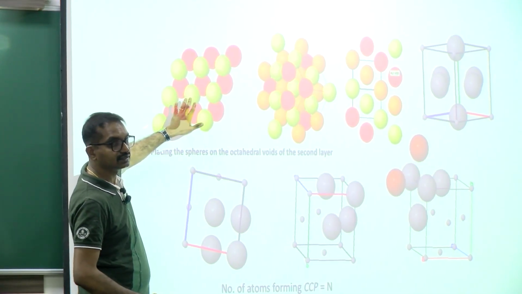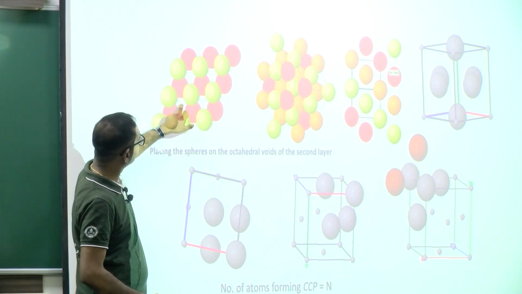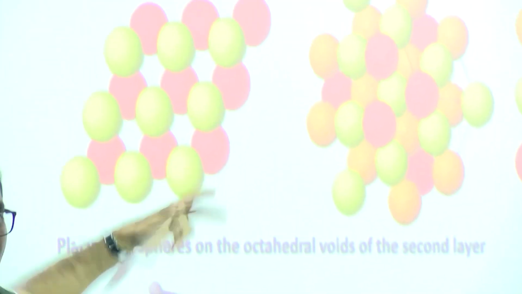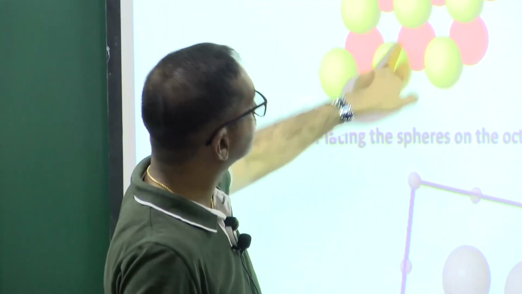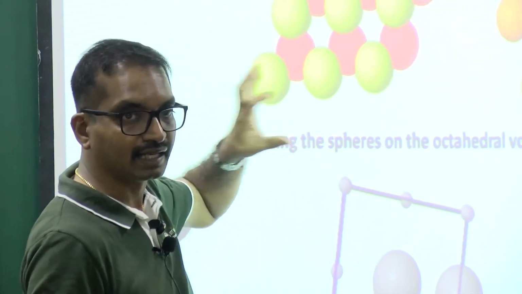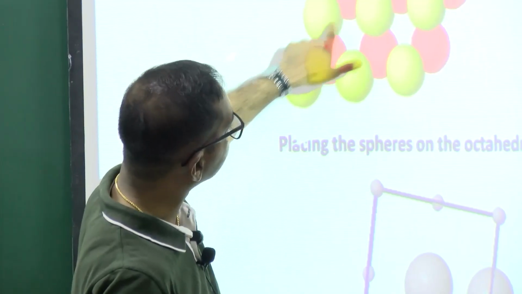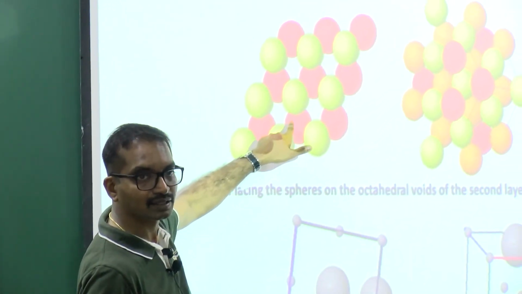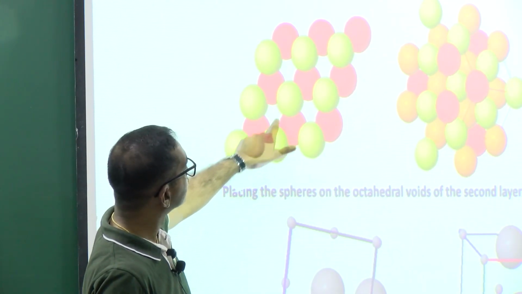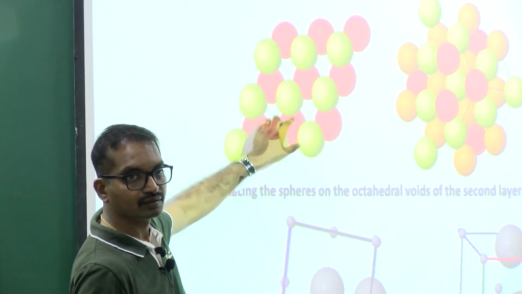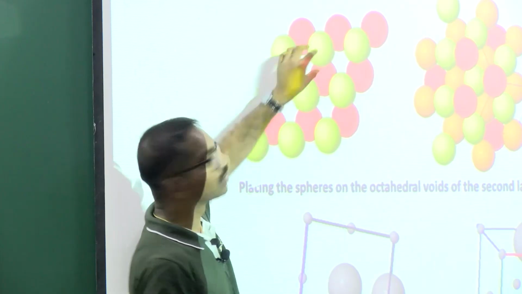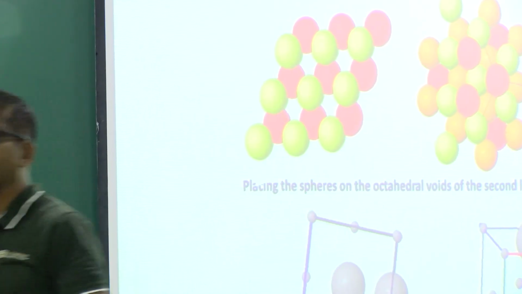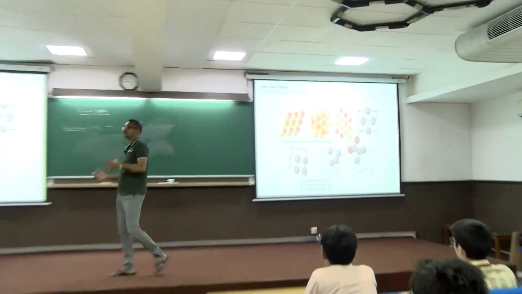That would mean I am putting it in between these 2 layers, and then all 6 would be in connection, but I am not doing that. I am putting it above this yellow layer. The void looks as if there are 6 of them making it. So, above this 6 coordinated void, I am putting the third layer. So, I put layers here, here, here, here.